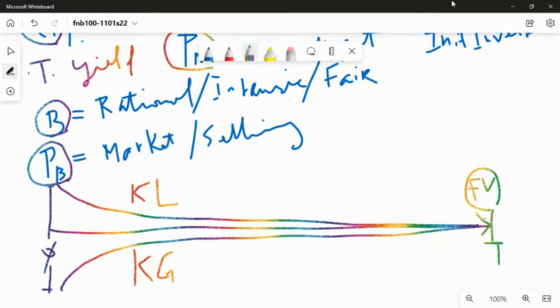But in case of bond, that discrepancy would be very small, because in case of bond, the cash flow is quite expected. I mean, coupon payment, and then capital gains or capital loss.